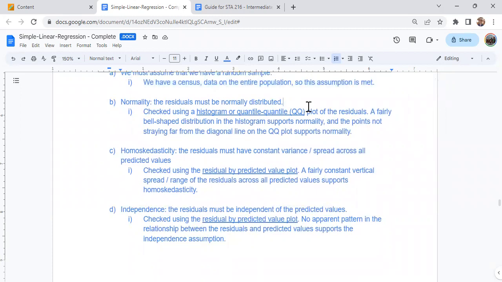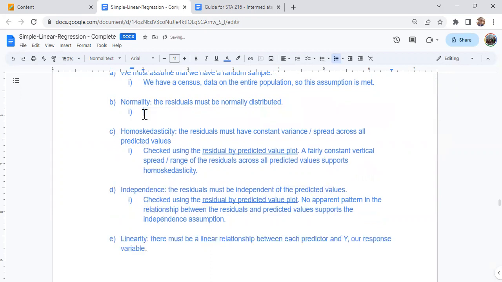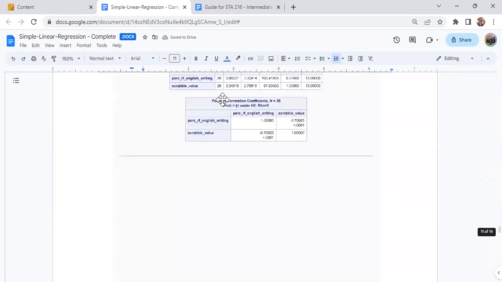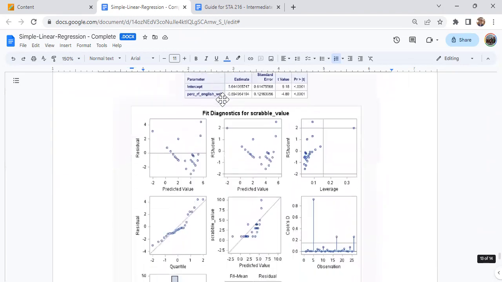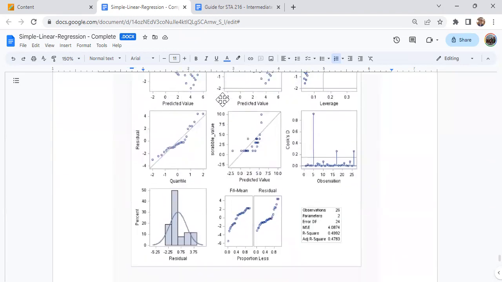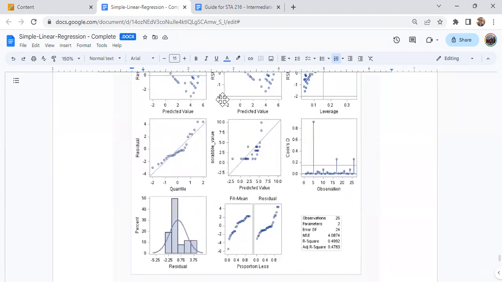Normality of the residuals. So we will check this just like we did before, looking at the histogram and QQ plot, looking for the same things. Yeah. So let's look at our SAS output here. Okay, and again, the central limit theorem doesn't help us out. Yeah, so here it looks just okay. This is one where it makes me a little nervous. It's unimodal. How is it looking in terms of symmetry for the distribution?